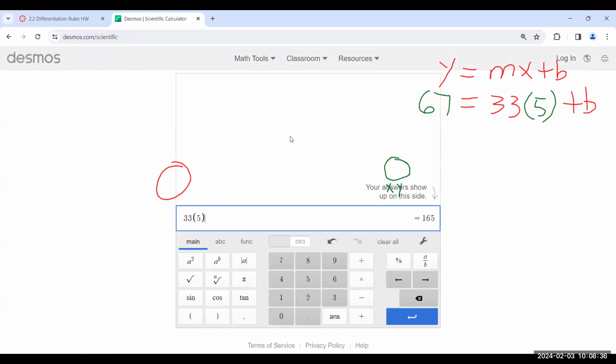So what I have at this point is 67 equals 165 plus b. And to get b by itself, I have to get rid of the 165. So I'll subtract 165 from both sides of this equation.